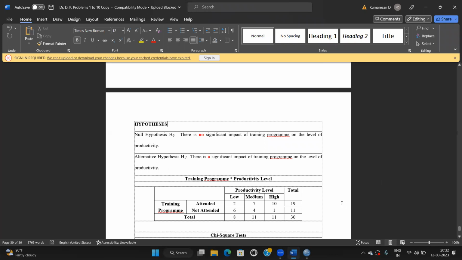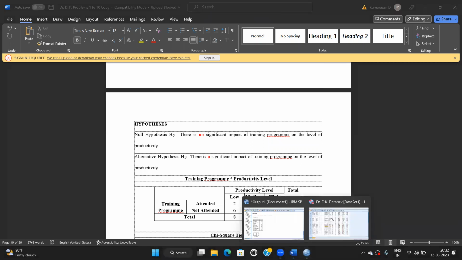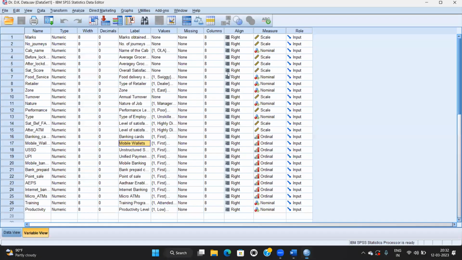Now we'll go to the analysis. See here, there is one more debate among the scholars whether the chi-square test is a parametric test or non-parametric test.